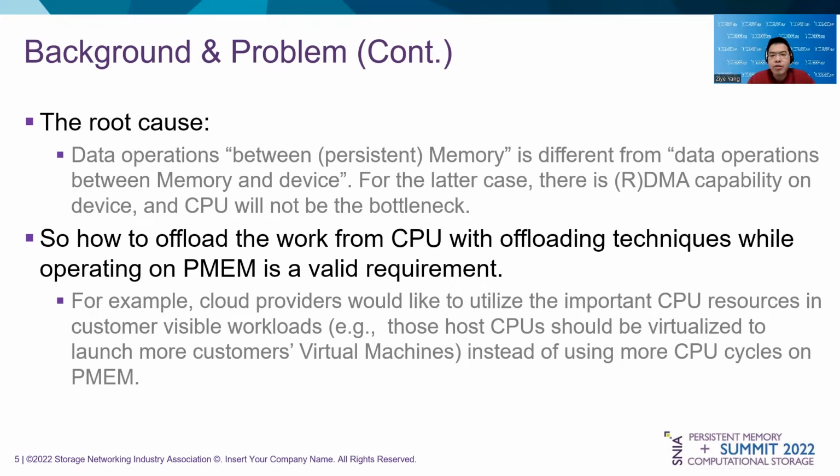They can virtualize CPU resources and sell the virtual CPU resources to customers. For example, they can be used to launch customers' virtual machines. If we can save the CPU cycles on persistent memory, it will definitely generate benefits.